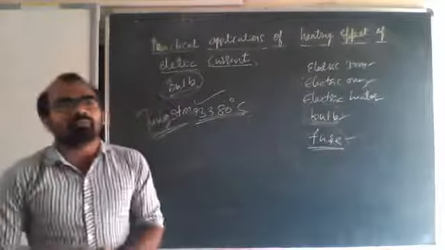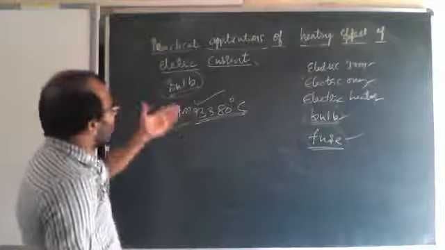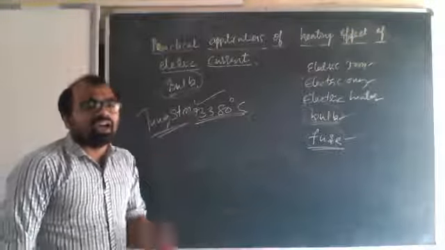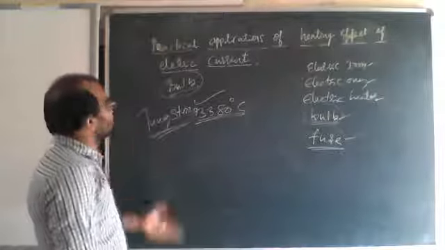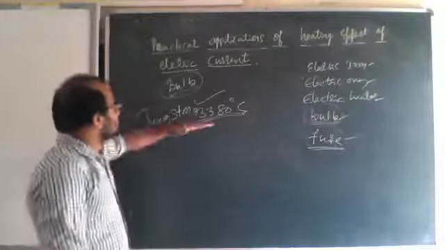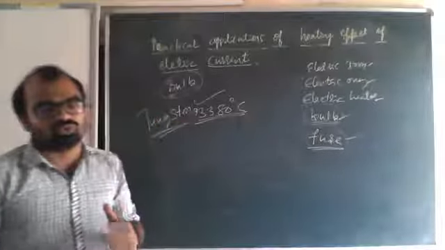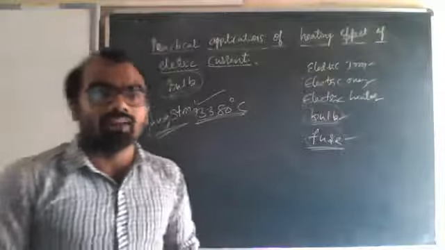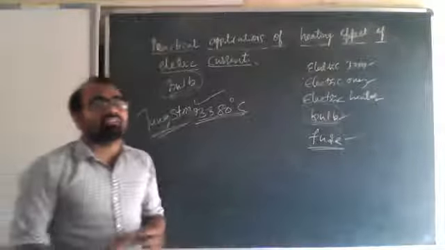But here, tungsten has a high melting point of about 3380 degrees Celsius. That means even though the temperature increases a lot and a lot of heat energy is produced, it will still not melt. That is why tungsten is used in bulbs.